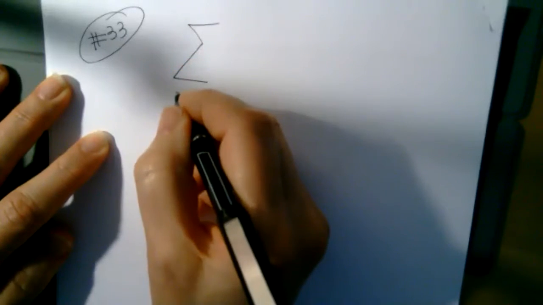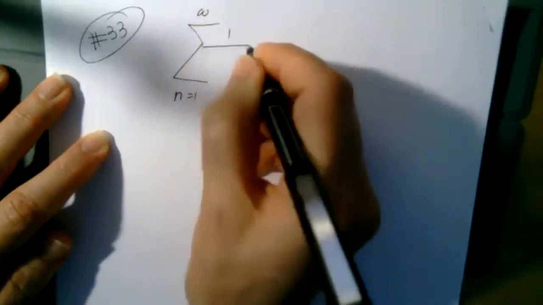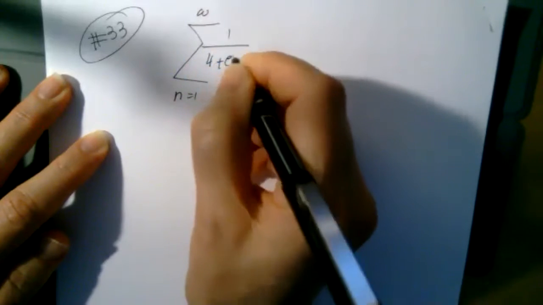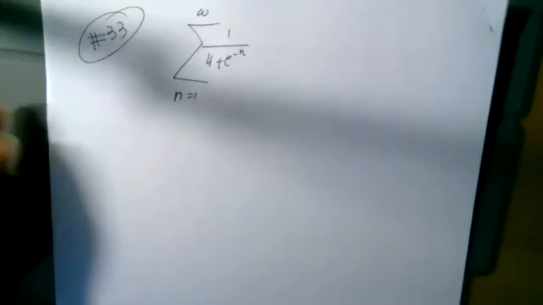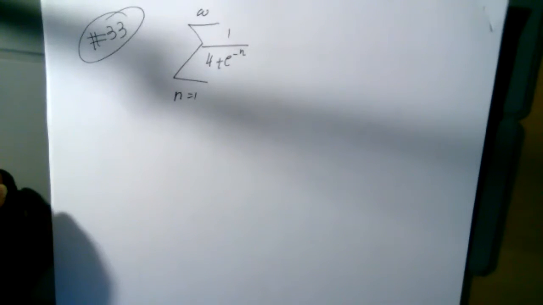We have the following series: sigma n equal 1 to infinity of 1 over 4 plus e to the minus n. The question is, does the series converge or diverge? So far we don't know a lot, but the only thing we know is that it's not geometric. So this is ruled out.